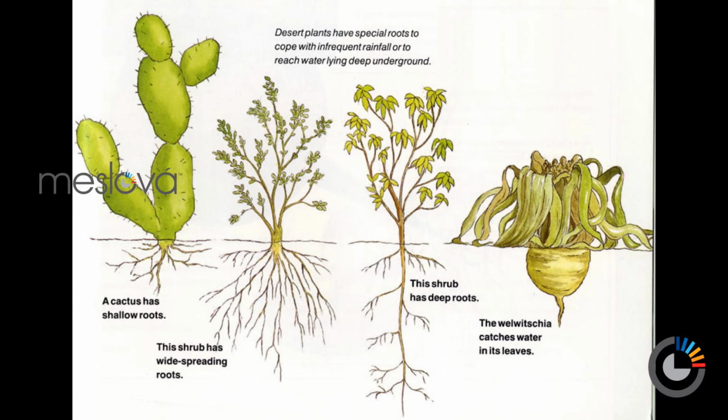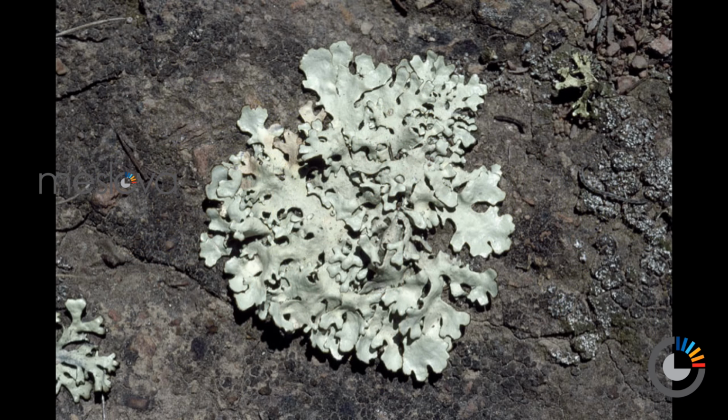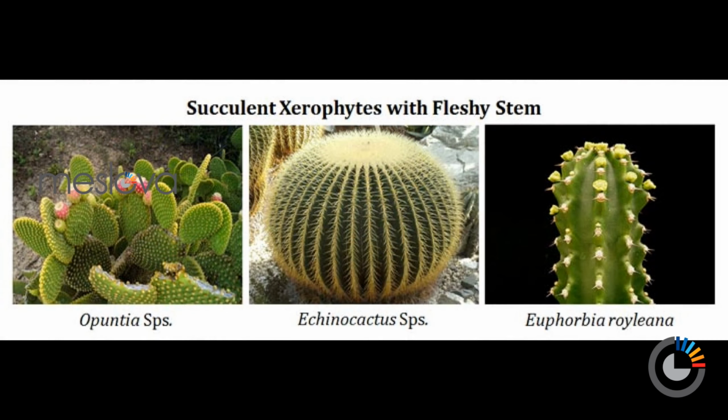The shrubs have a widespread branched root system with their leaves, branches and stumps variously modified. Sometimes few succulents like cacti are also present. Some lower plants like lichens and xerophytic mosses are also found in this desert area.